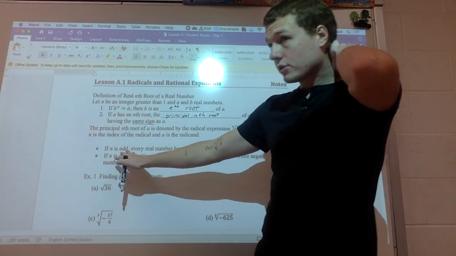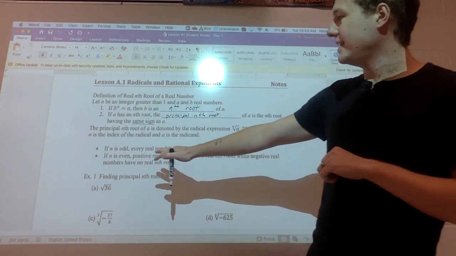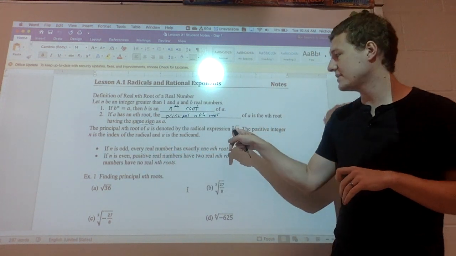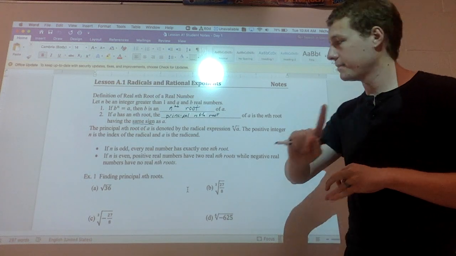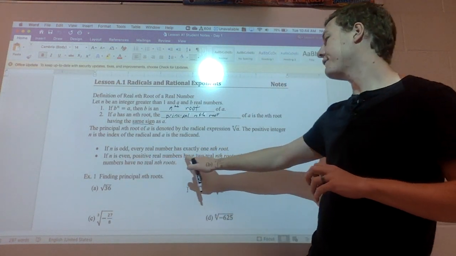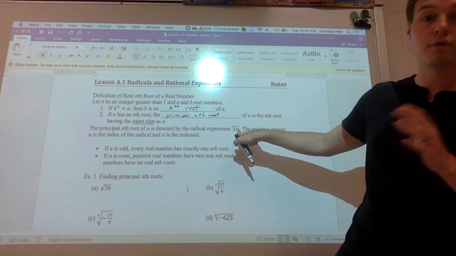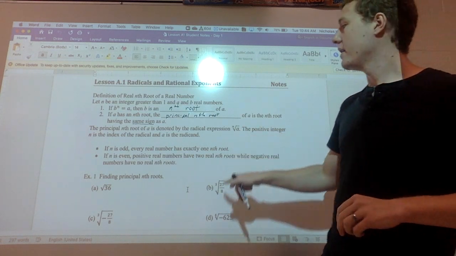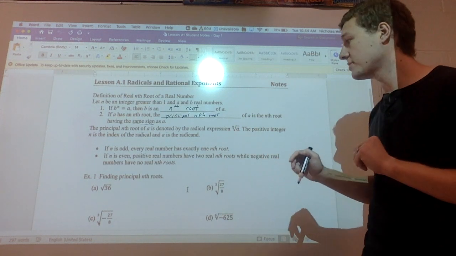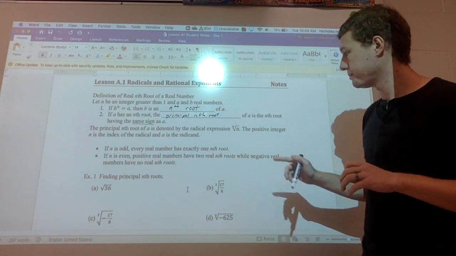Special notes are, if n is odd, every real number has exactly one nth root. So if this is odd, there's exactly one answer. If n is even, two things could happen. First, if a, the thing under the radicand, is positive, and again your index is even, could have two possible roots. I'll get to why in a moment.